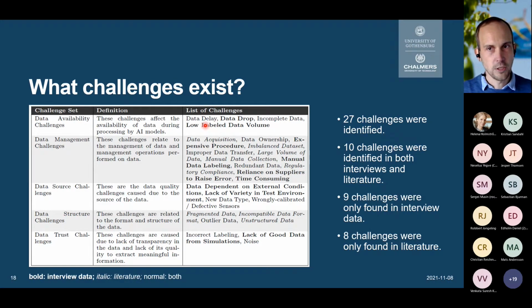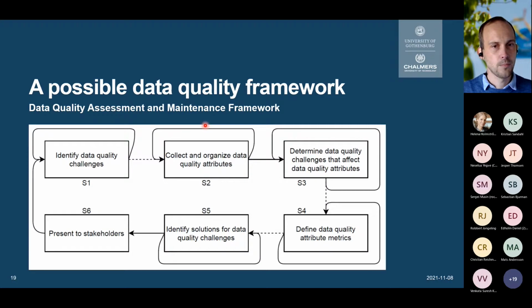Based on these challenges, we derived a framework that could be used to manage data quality for deep learning. This framework contains 6 steps. We identify the data quality challenges. This is what we just did. Collect and organize data quality attributes. Determine data quality challenges that affect the data quality attributes.